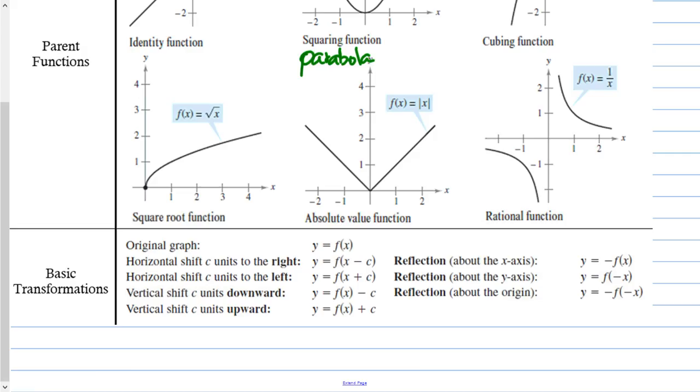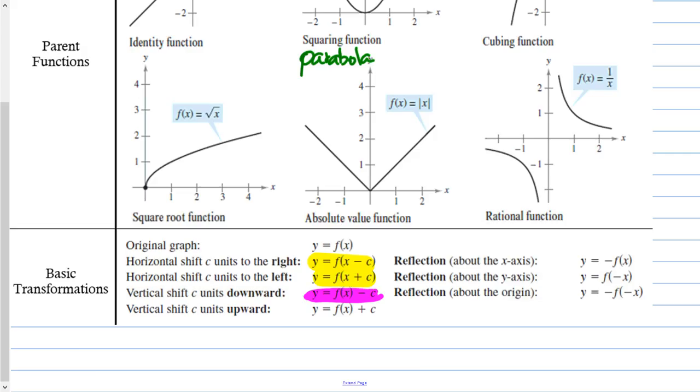For example, this one right here. By subtracting a number from the function, I'm actually just shifting this function down. And then the very next one, by adding a constant, I'm making it go up. Now the difference between that and these two is very important.